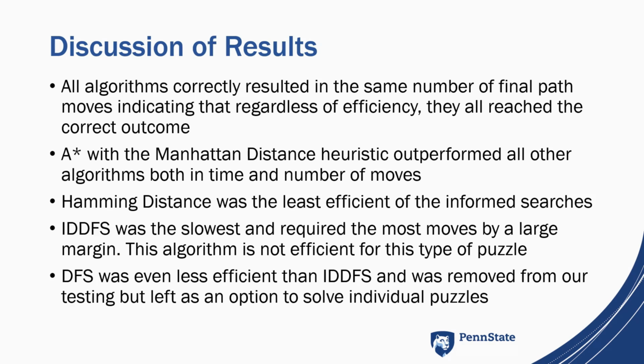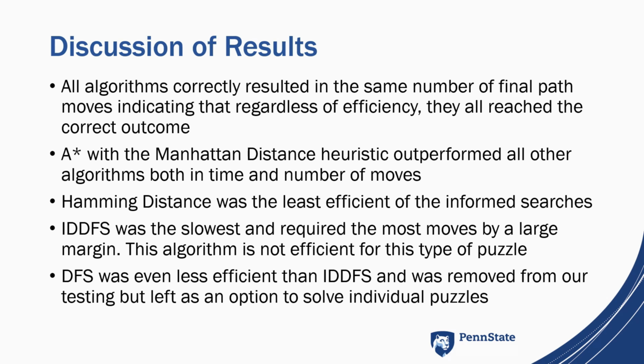Now, let's discuss the key findings from our experiment. Our experiment revealed several interesting findings. All algorithms successfully produce correct solutions, but A star with Manhattan distance stood out as the most efficient in terms of both time and moves.